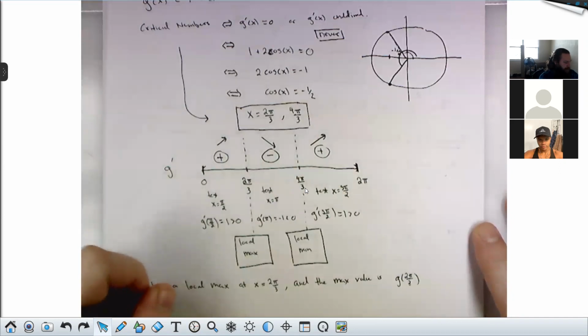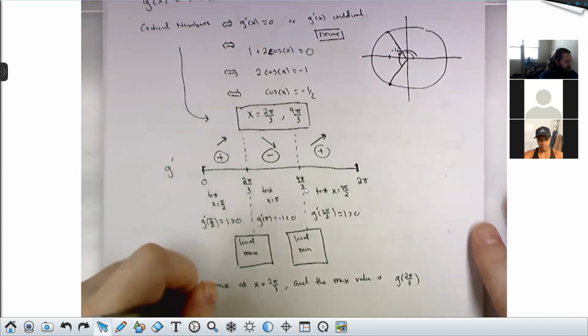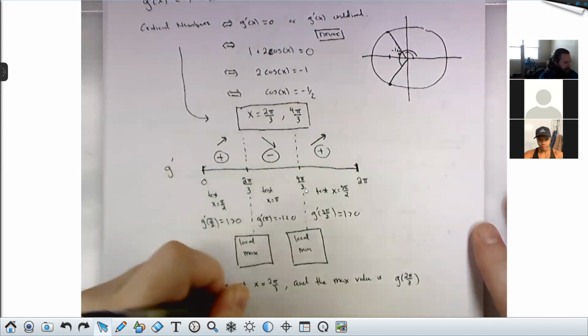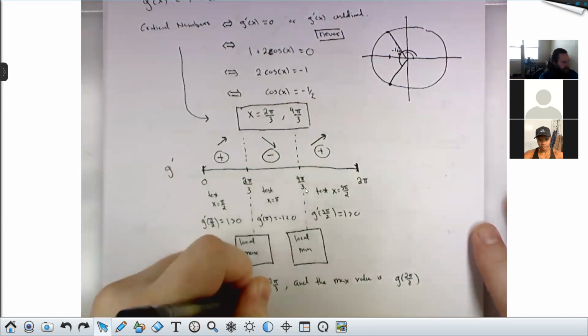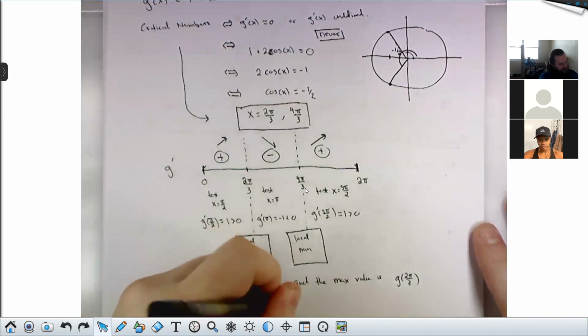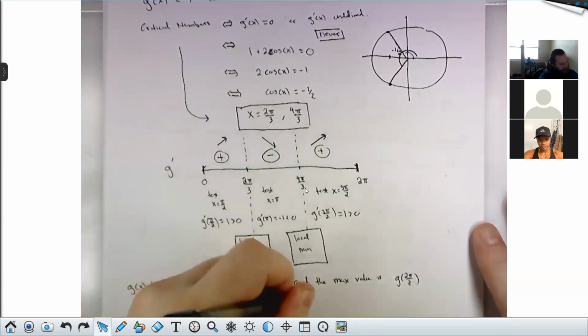G of 2 pi over 3 is 2 pi over 3 plus 2 times the sine of 2 pi over 3. So that's 2 pi over 3 plus 2 times what?